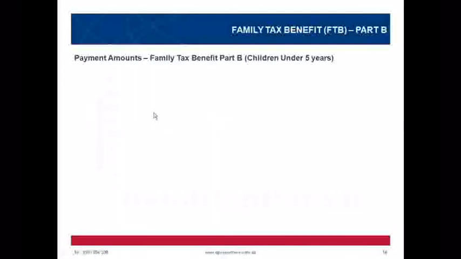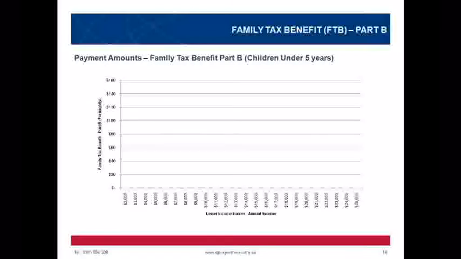And importantly, it's also the same amount regardless of the amount of kids that you have. So again, we'll go through a chart to illustrate family tax benefit Part B. The vertical axis here is the fortnightly payment that you receive, but the horizontal axis down here is what we call the lower income earner's annual income. So again, to qualify for family tax benefit Part B, the primary income earner must earn $150,000 per year or less.